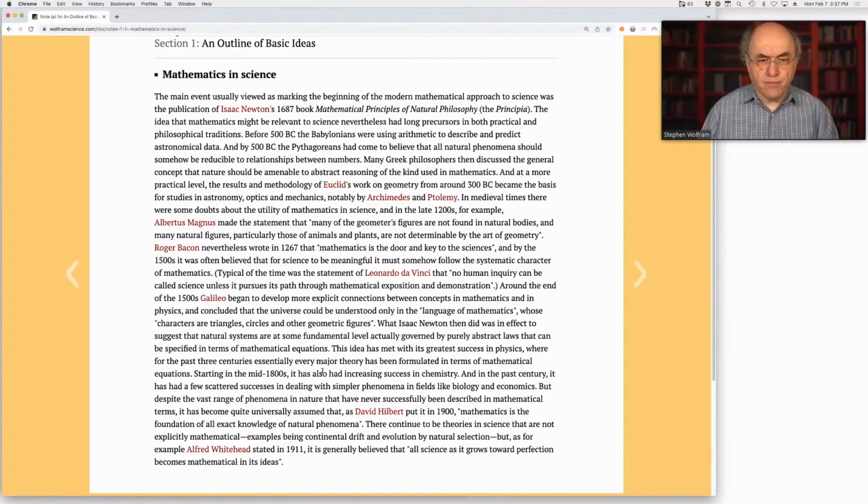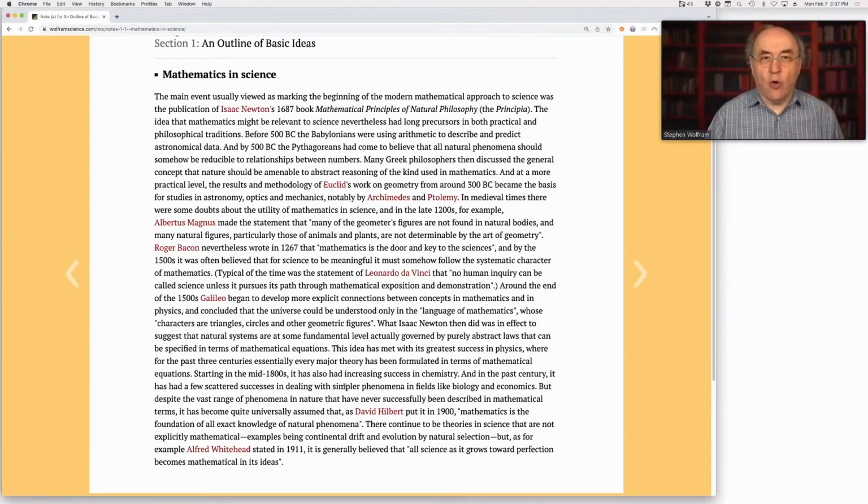But people felt that that was a limitation not of the underlying mathematical methodology, but rather of those fields of biology and economics and so on. If only they could be pushed further, then it would be possible to have this underlying tool of mathematics succeed in them. So David Hilbert in 1900 said, mathematics is the foundation of all exact knowledge of natural phenomena.